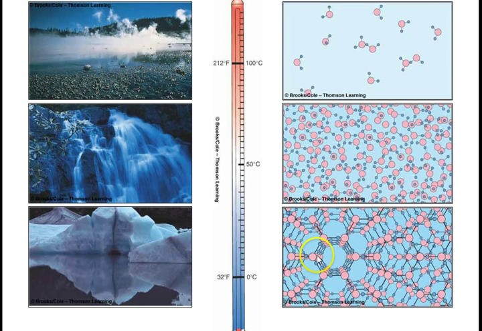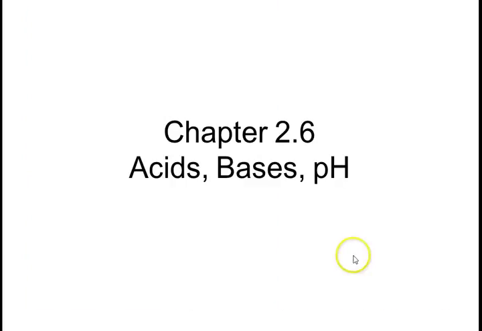But in solid state, this forms a crystalline structure, and when we talk about something being a crystal, it means that the molecules are placed in very specific positions, and there's a very uniform arrangement to the molecules.